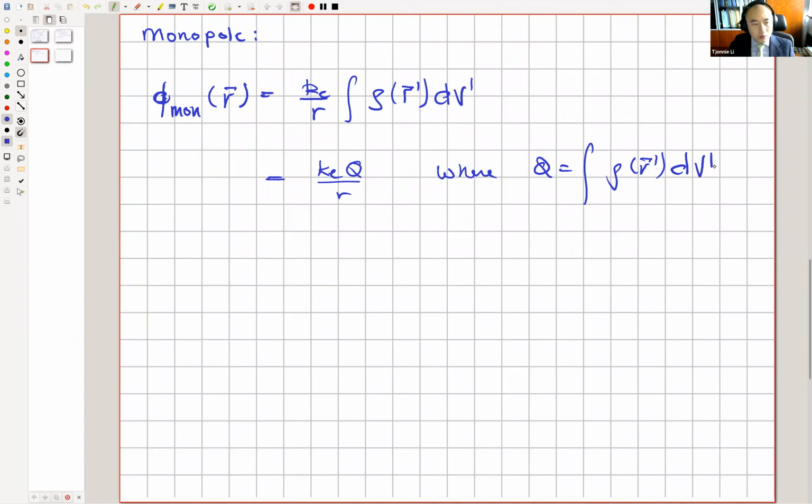So there's nothing here: we integrate the entire charge density over the entire volume, and so I'm just getting the total charge out.